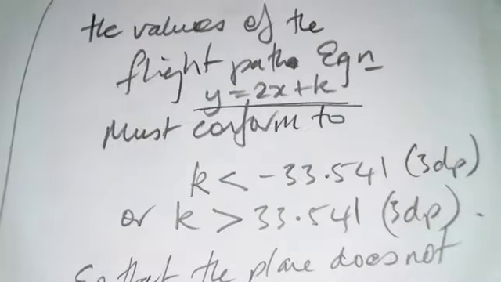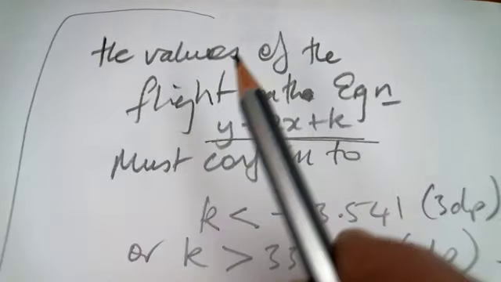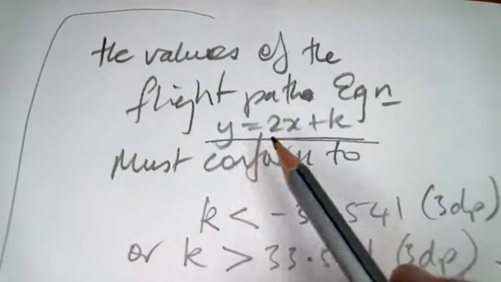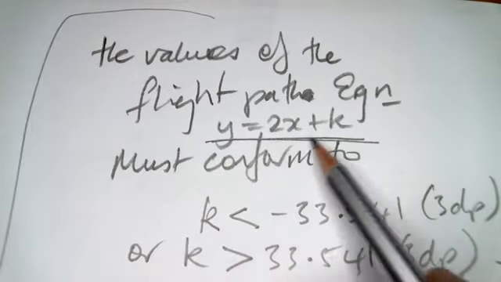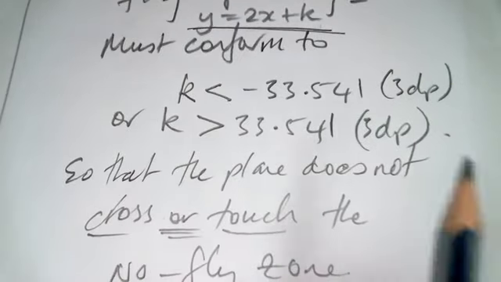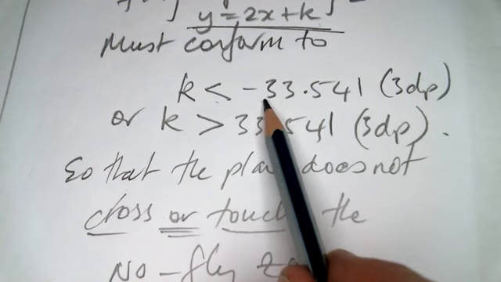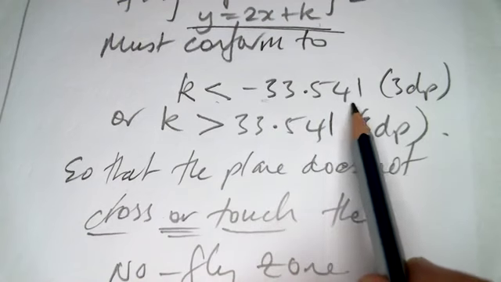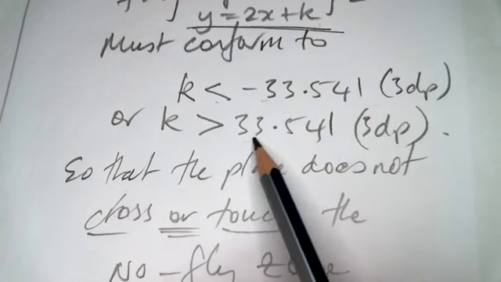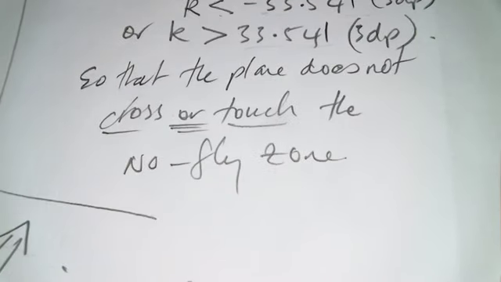So if you could please say that the values of the flight path equation, of equation blah, must conform to k being less than negative 33.541 and k being greater than 33.541, so that the plane does not cross or touch the no-fly zone.